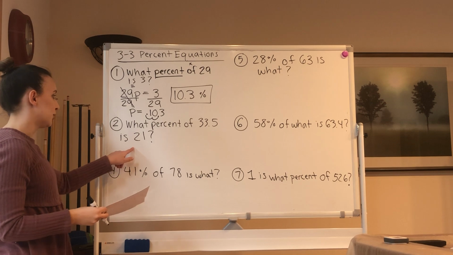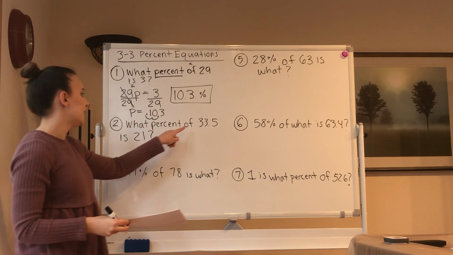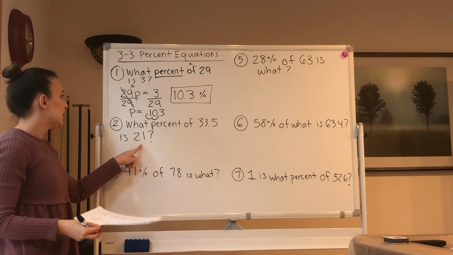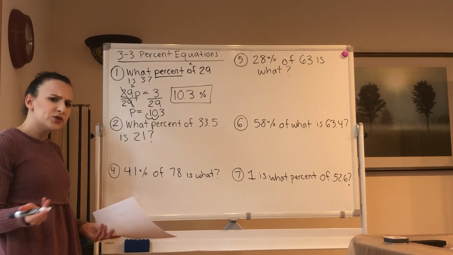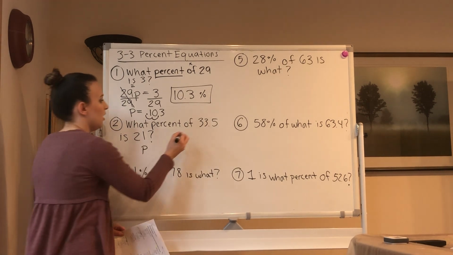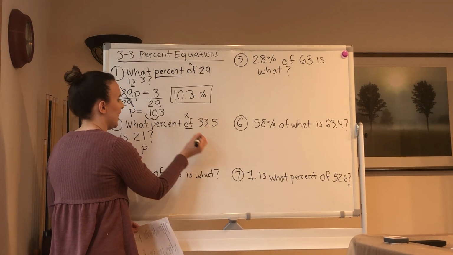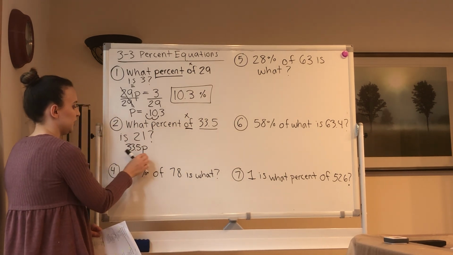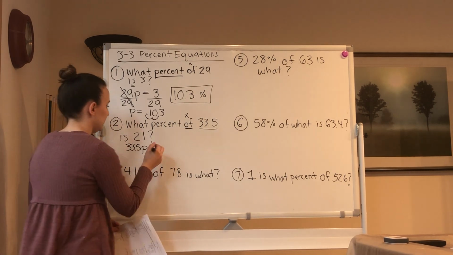Okay, next one, number 2 on your worksheet. What percent of 33.5 is 21? This one is just like the last one. What percent? I don't know what percent, so I'm going to call it P. Of means multiply, 33.5. So you're multiplying 33.5 times P here.